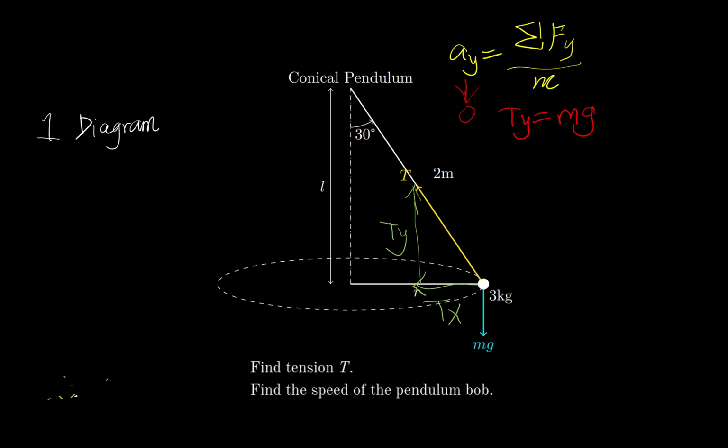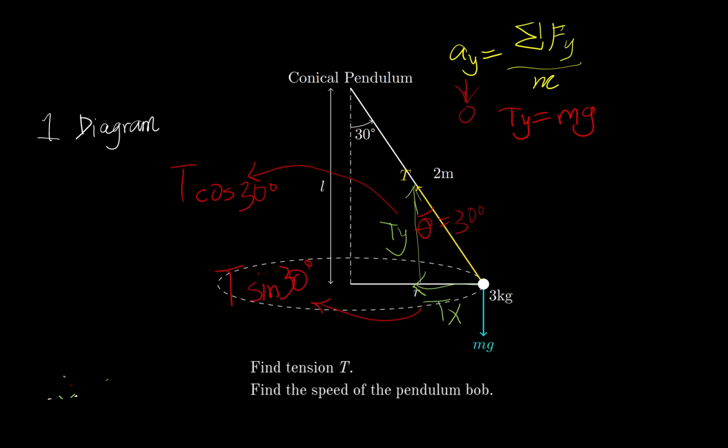Just to mention, if this angle theta equals 30 degrees, then Ty will be equal to T cos 30, and Tx will be T sin 30. So Ty equals mg.